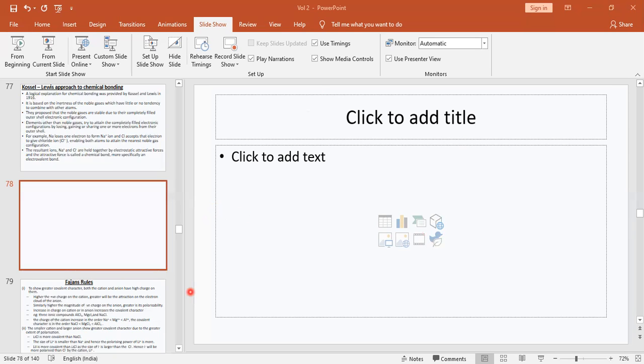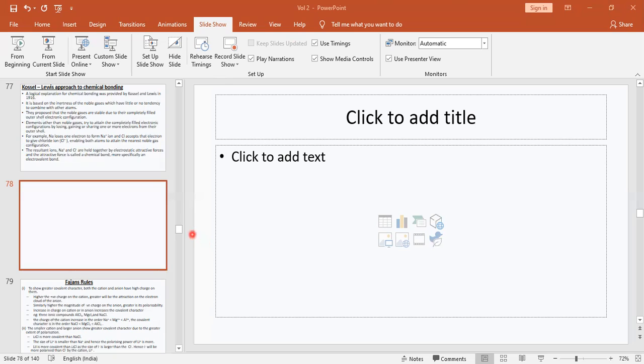So 1 into 1 for hydrogen, plus 1 nitrogen into 5, so this refers to their valence electrons. Then comes oxygen.